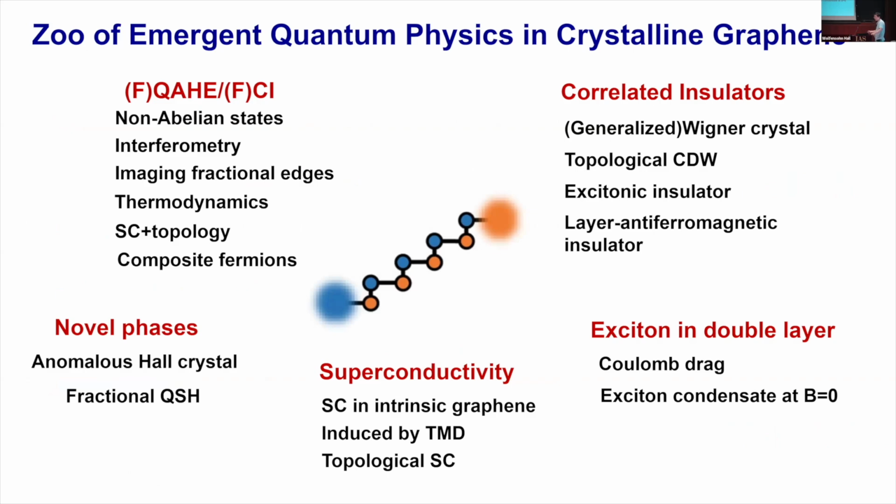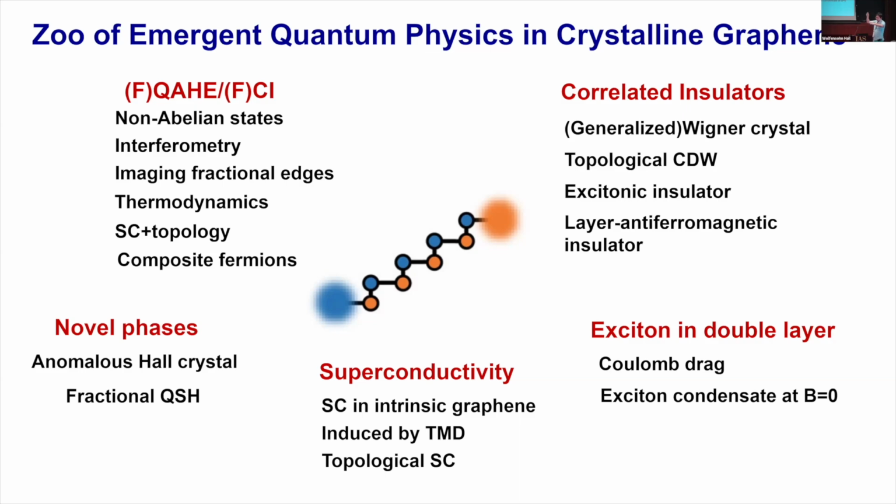And it's not even the end, because there are more things you can envision to be done here. Once you can get a flat band at zero magnetic field, you can use that as a building block to build more things that have never been realized before. For example, you can possibly explore an exciton condensate by making a double layer structure, like a pentalayer graphene, a thin hBN, and another pentalayer graphene.